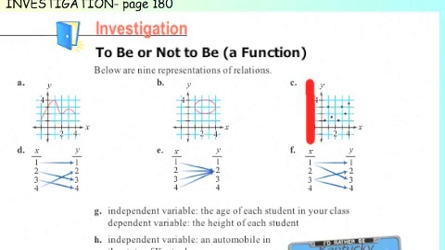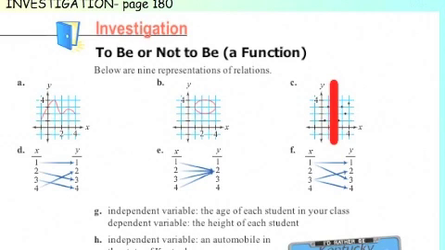C is a function because at any given point it never crosses any of our scatter plot in more than one place. D is a function because all the first coordinates are different between x and y. E is also a function because the first coordinate is different. It's okay to have the second coordinate, the y coordinate, to be the same. If you graph this, what you will get is just a horizontal line at y equals 2.